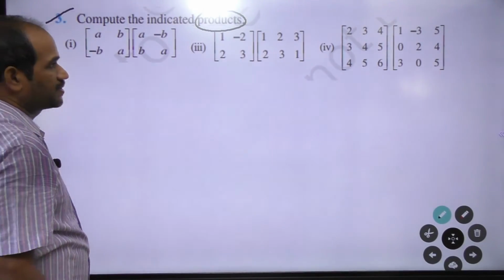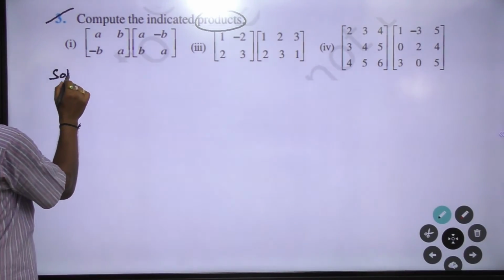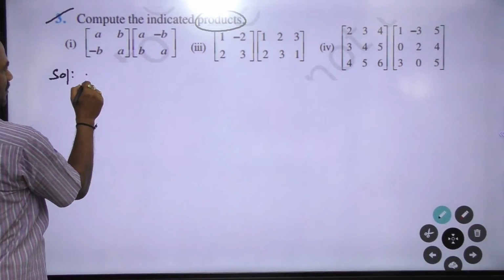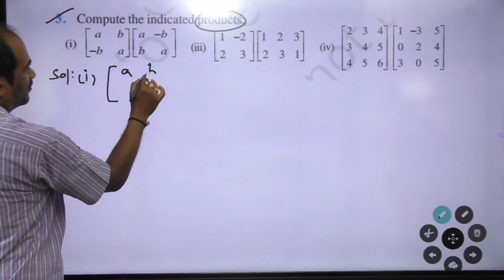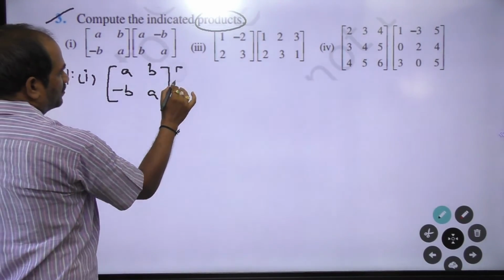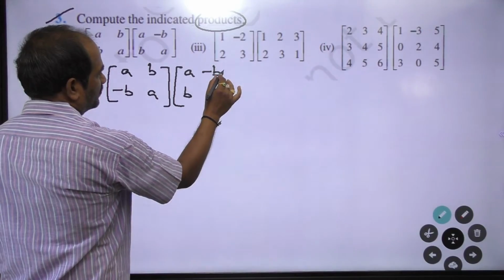In this solution, this is the product. First take this first one. Here this is A minus B, and B A. Next, this is A minus B, here B A.